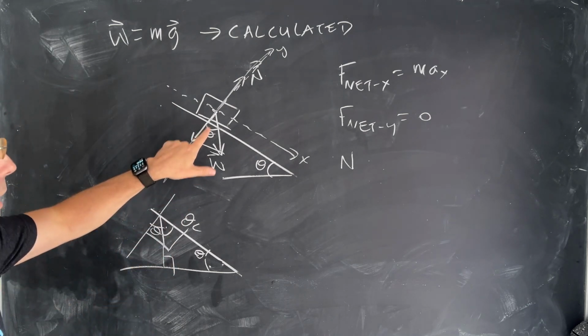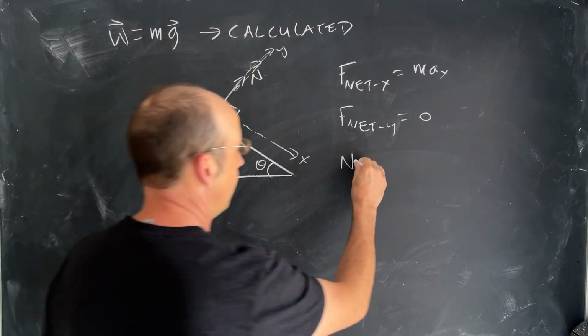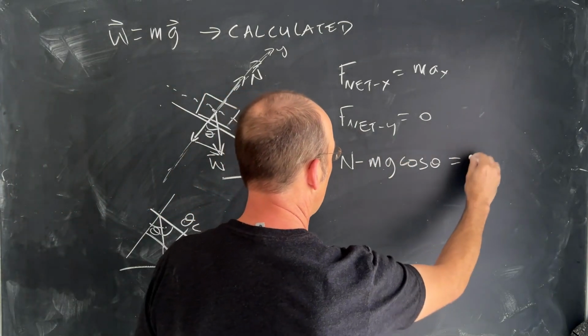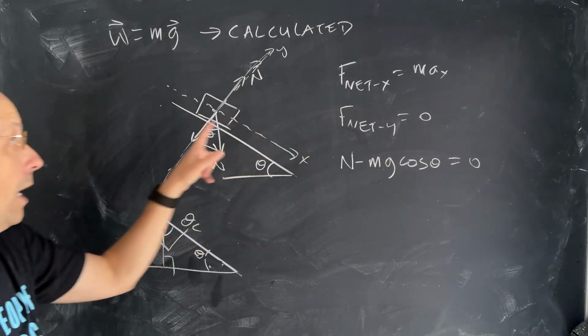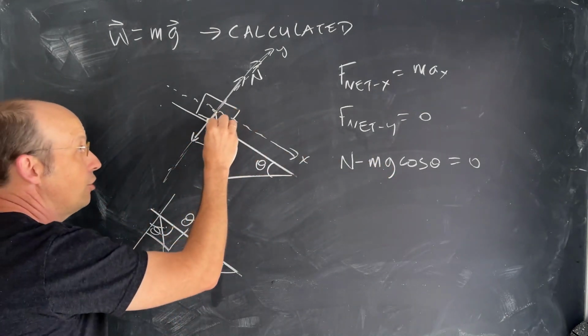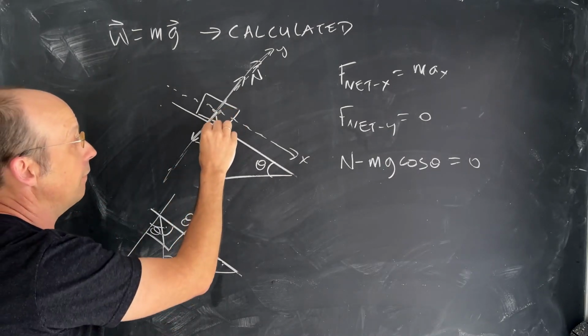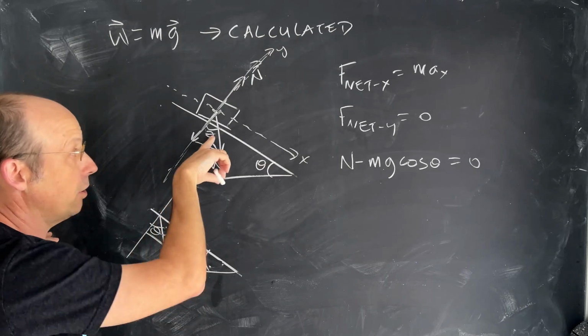So if I use it over here, I can now find the component of gravity in the y direction. It's going to be negative mg cosine theta, and that's 0. So this is a great example. Remember, we're finding components. We have to look at the picture. This is my adjacent side of the triangle. So if I take the cosine of the angle, it's going to give me the adjacent side. So I get negative mg cosine theta.